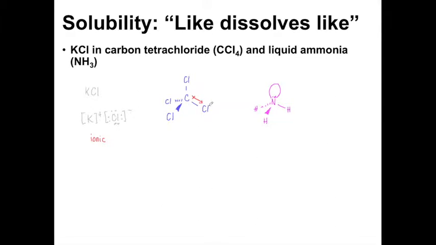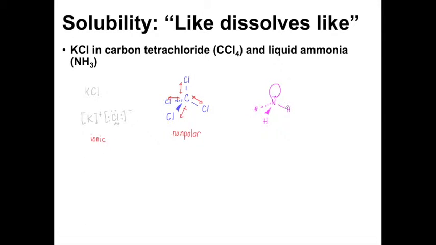The polarity is directed towards the chlorine atom. So we have four polar carbon chlorine bonds. But because of the tetrahedral geometry of the whole molecule, these four polarities cancel out. So the net polarity is zero, so carbon tetrachloride is nonpolar.